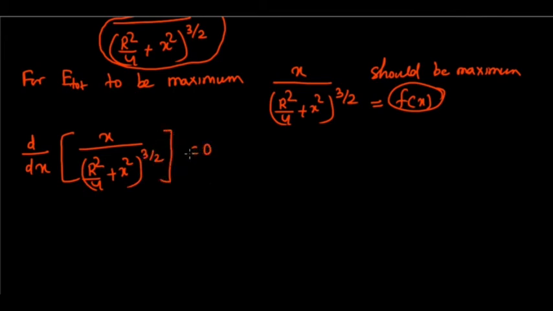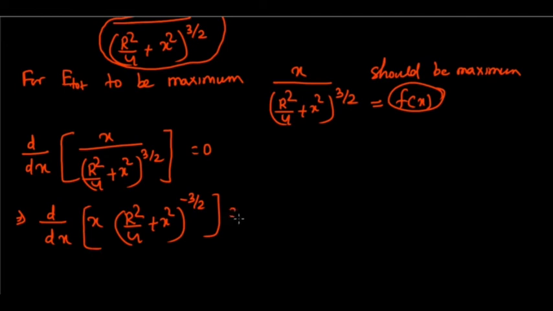We know that if a function has its maximum value, then its first derivative will be 0. So let us write this condition, and from this condition we will get the value of x in terms of r. So this is equal to d/dx of x into (r²/4 + x²) to the power minus 3/2, and this is equal to 0.